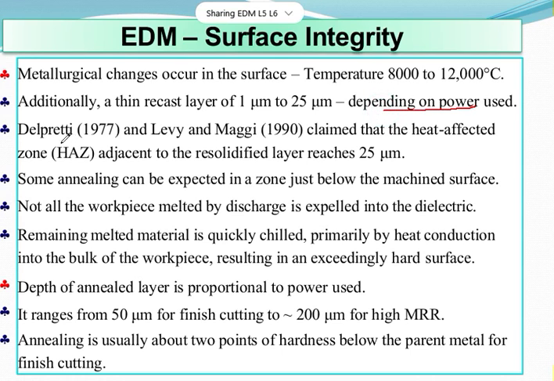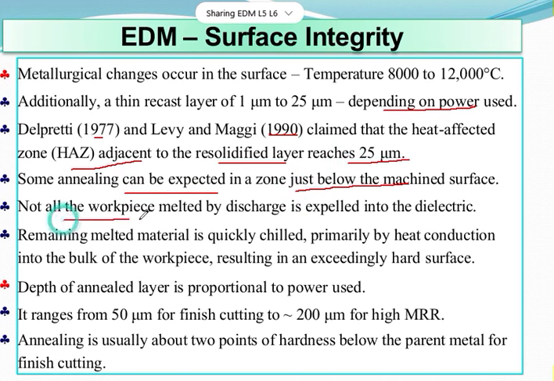Next, Dilpreet in 1977 and Levy and Maggie in 1990 claimed that the heat affected zone, adjacent to the solidified layer, reaches 25 micrometer. Some annealing can be expected in the zone just below the machined surface.